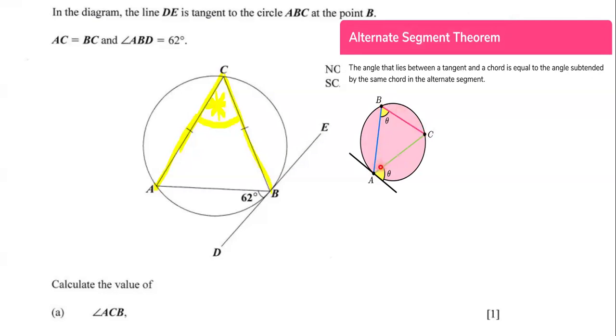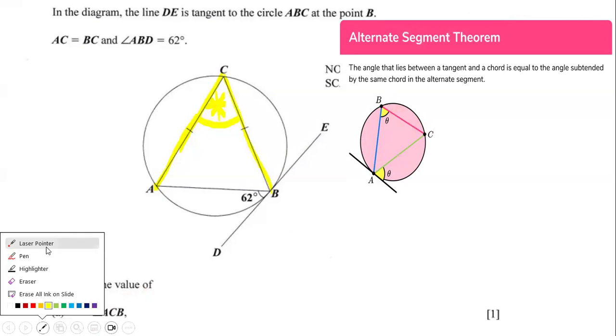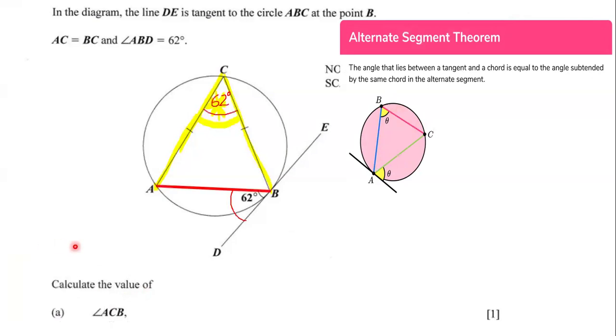The same thing applies in our diagram. Notice that we have the tangent line, and this is the chord, which we highlight in red.